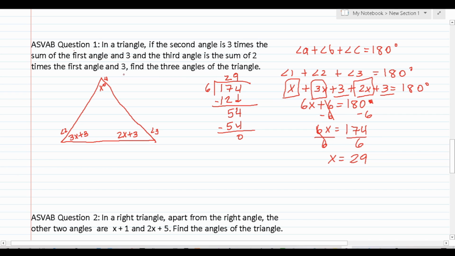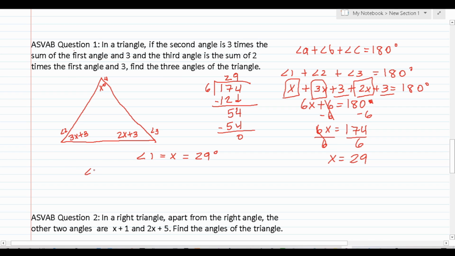Okay, now the question asked us to find the 3 angles of the triangle. Again, I said angle 1 corresponds to x, so I know how many degrees are in angle 1. Angle 1 corresponds to x, which, as we can see right here, is 29, or more specifically, 29 degrees.